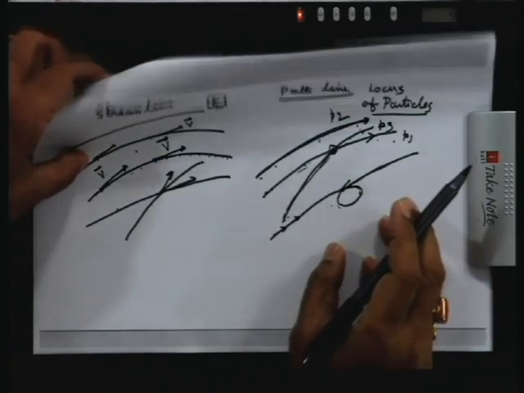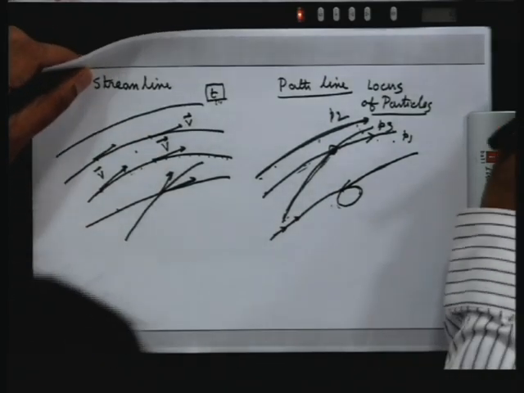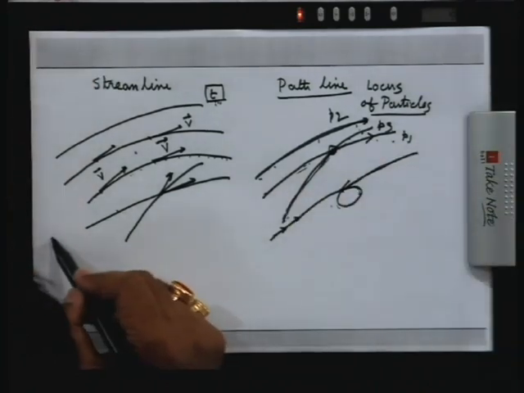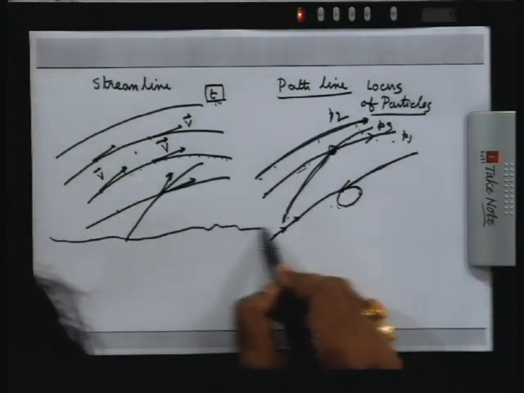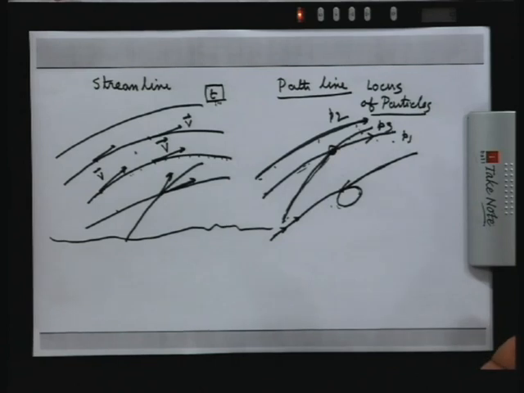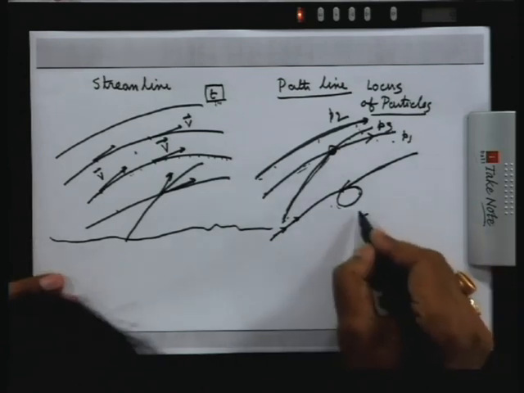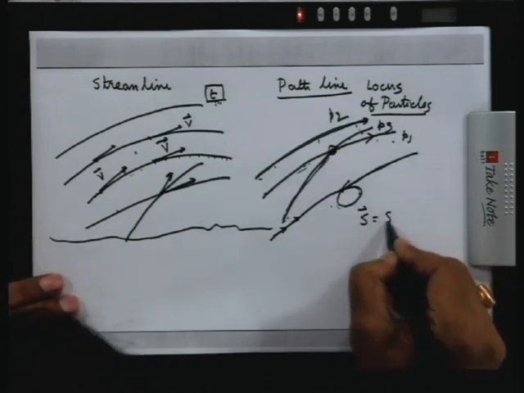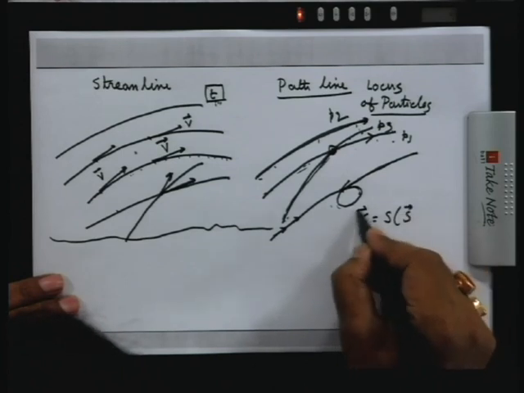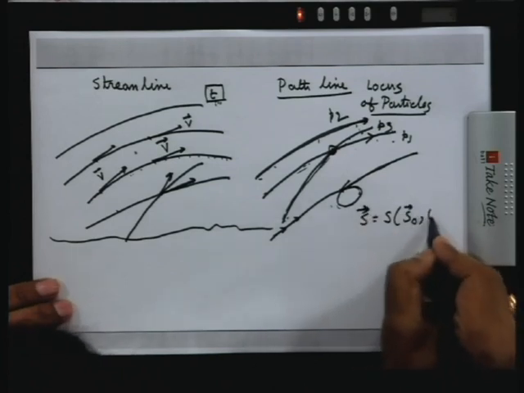Now before I come to the definition of a streakline, I come to the equation of streamline. The equation of path line is the equation of Lagrange: S bar is a function of S0 and t.